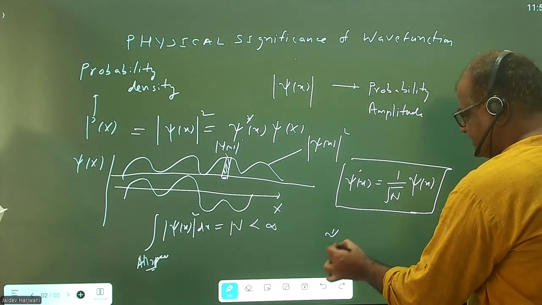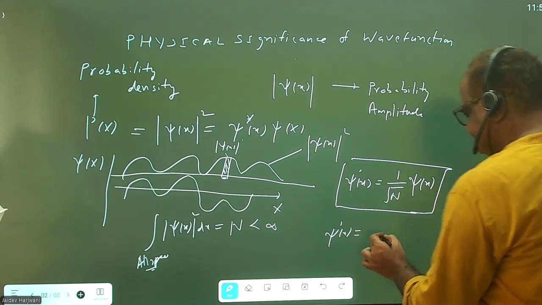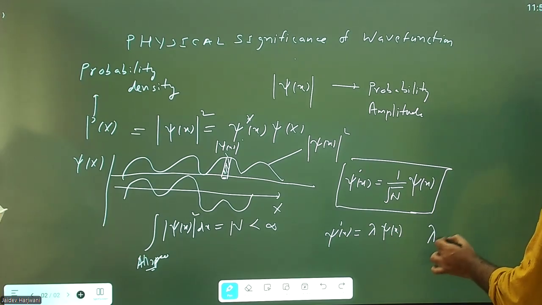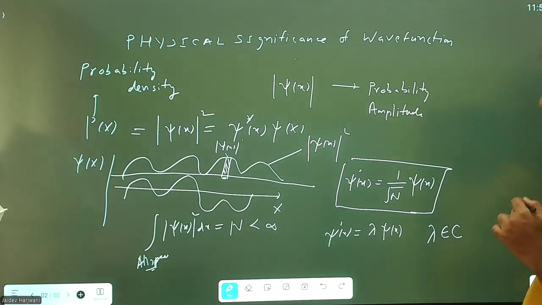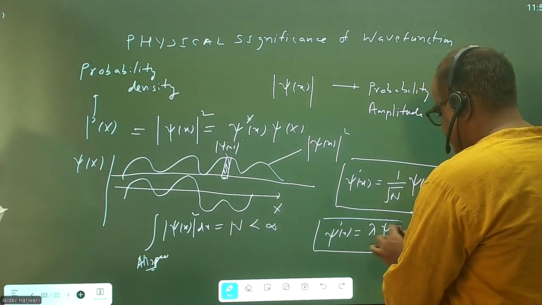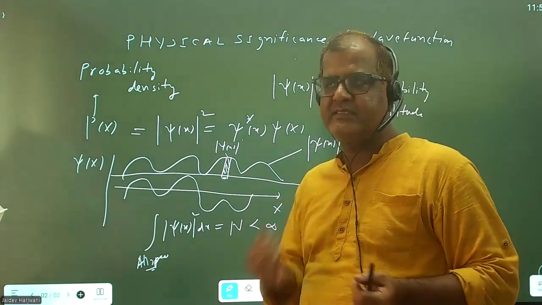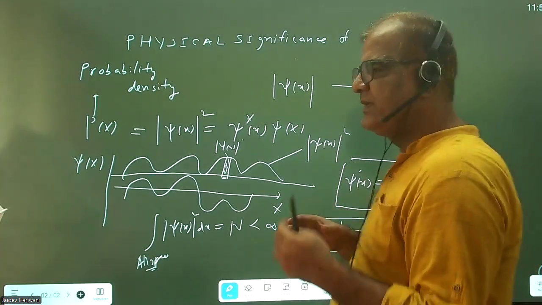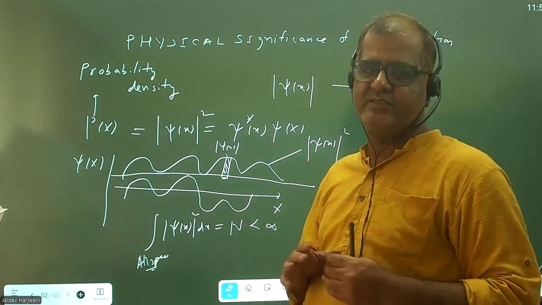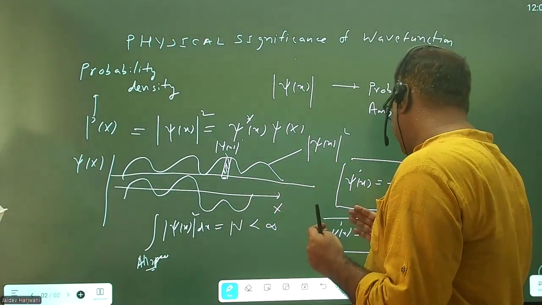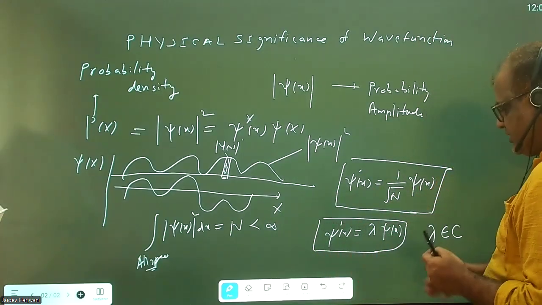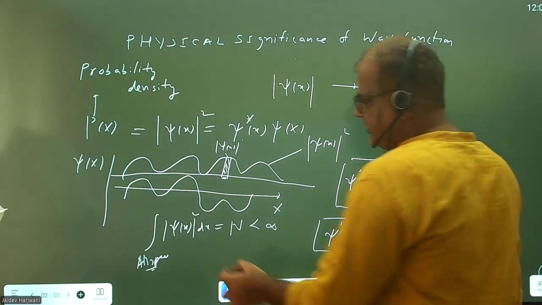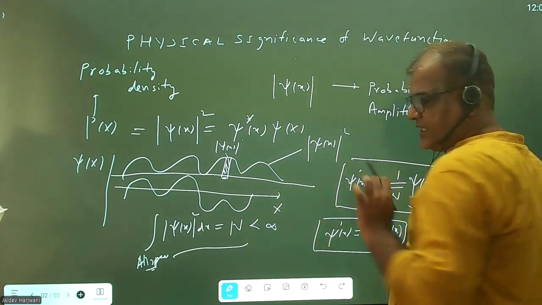Now if I write psi dash x equal to lambda times psi x, where lambda is an element of the complex numbers, what does this say? If psi x is a physically acceptable state and you multiply that state by some constant, that will not change the physics. So if psi x is your acceptable wave function and you multiply by lambda, the physics does not change. Because there is a requirement for normalization, we can normalize a wave function, and this is also an acceptable wave function.